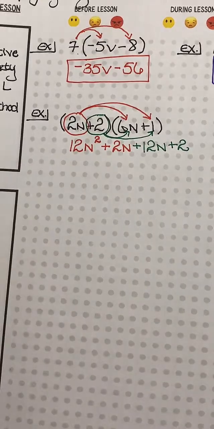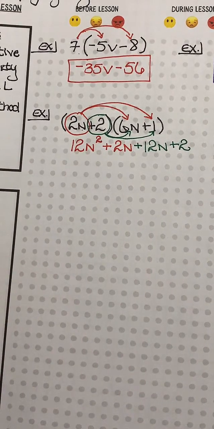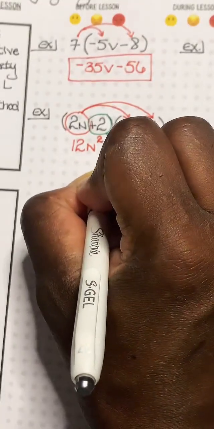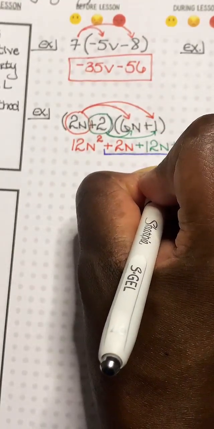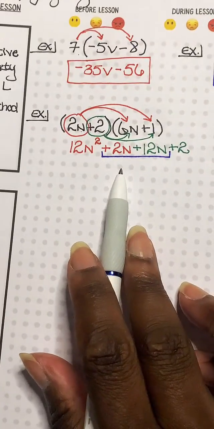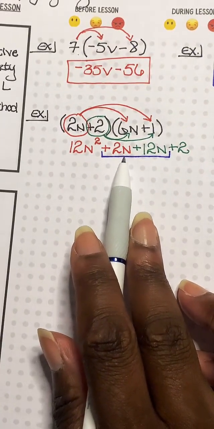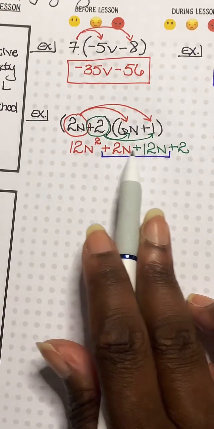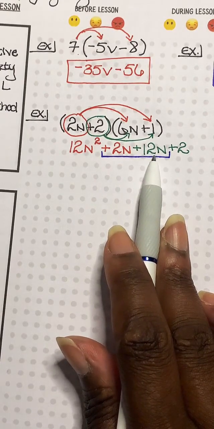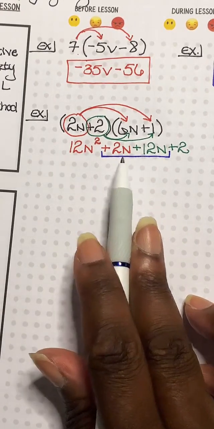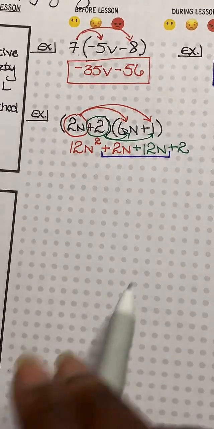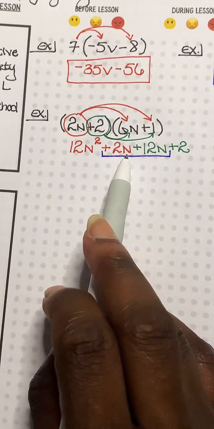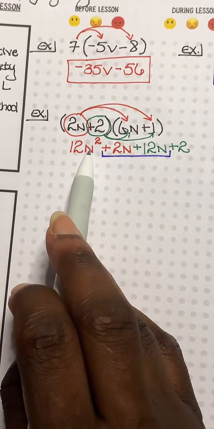Now, let's combine those like terms. Love it. Okay, right smack in the middle, people. A great majority of the times, your like terms are going to be right smack in the middle. Because 2n and 12n, they're like terms because they both have just one n. Whereas this 12n squared is not like terms with these single n's because this is 2 n's.